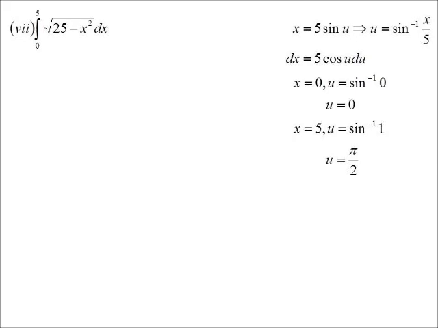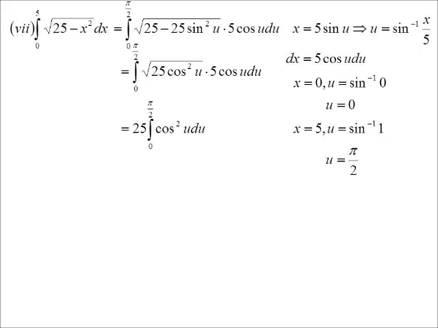Substitute in. So we've got the square root of 25 minus 25 sine squared. But of course, 25 minus 25 sine squared becomes 25 cos squared. I've got two terms turned into one. Now I can find the square root of 25 cos squared. That's just 5 cos u. So now I've got 25 times the integral of cos squared u.